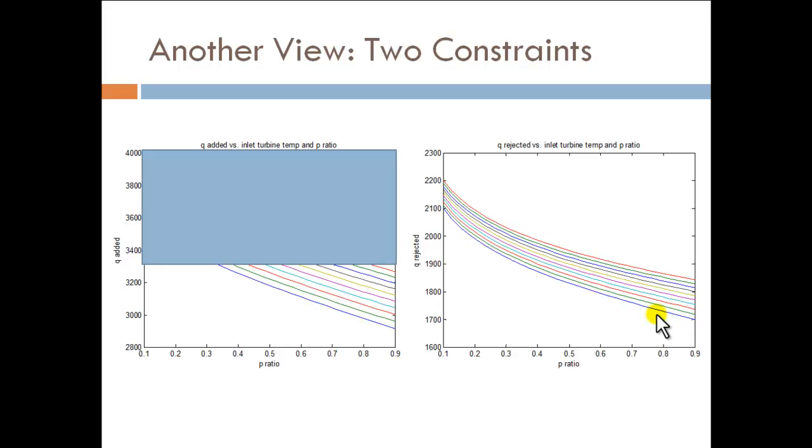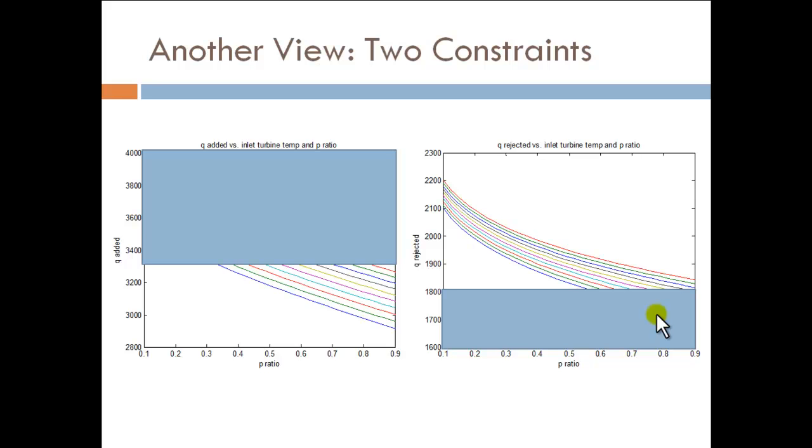I want to impose a constraint of about 3,300 maximum heat addition, and I want a minimum heat rejection of 1,800. Maybe it has something to do with the boiler on the Q added side. Maybe there's something to do with the condenser on the Q rejected side. Let's just put these constraints and practice these terms and concepts.